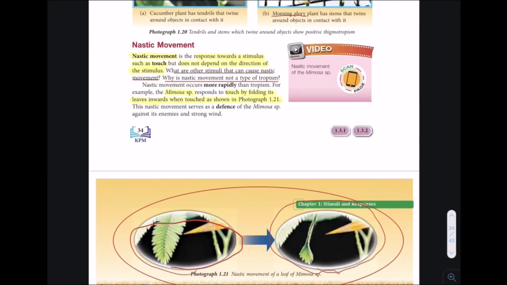It is also important to note that nastic movement occurs more rapidly than tropism, while tropism takes a long time and is not something that is noticeable. Nastic movement also serves as a defense for the mimosa species against enemies and strong winds.